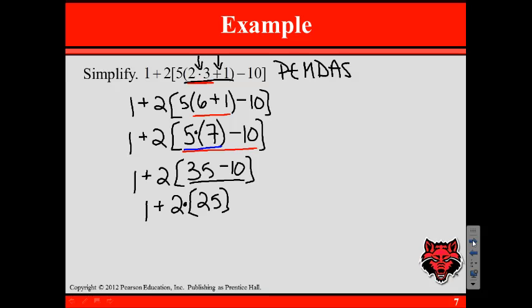And multiplication always comes before addition. So we multiply 2 and 25. 2 times 25 is 50. We have one operation left, 1 plus 50, and that equals 51. We are now finished because we have one number with no operations.